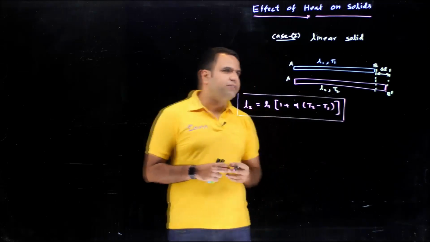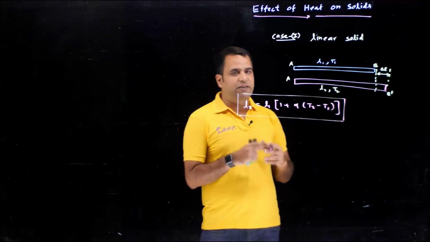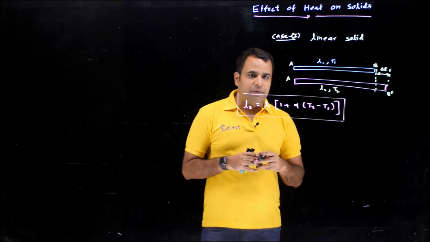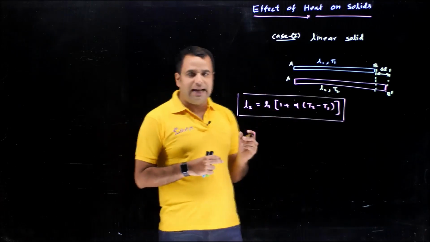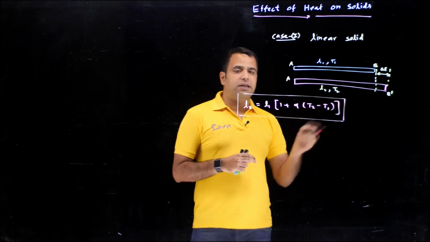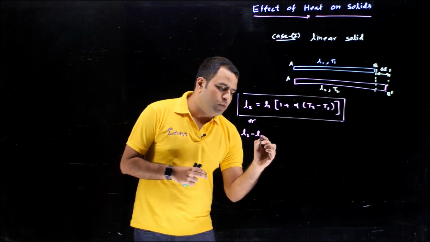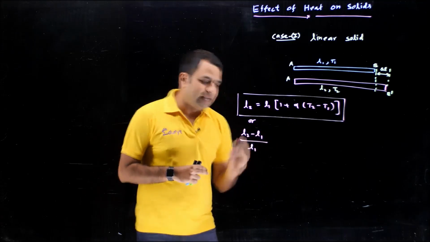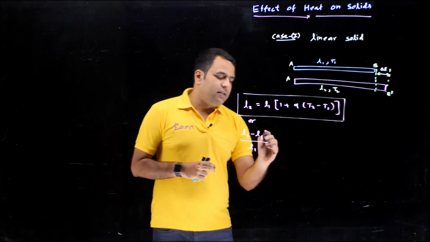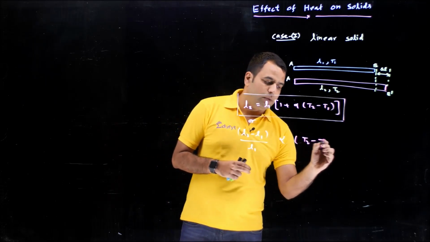We perform experiments with different types of rods, different materials, and for each material and each linear object, we come across that the fractional change in the length of the rod is proportional to the temperature change. That is, (L2 - L1)/L1, the fractional change, delta L upon initial length, is proportional to the change in temperature, T2 - T1.